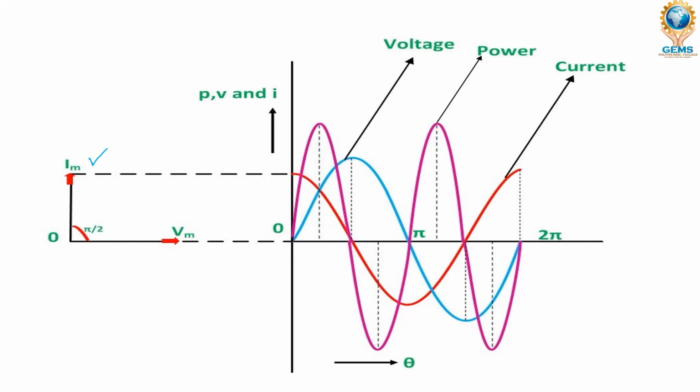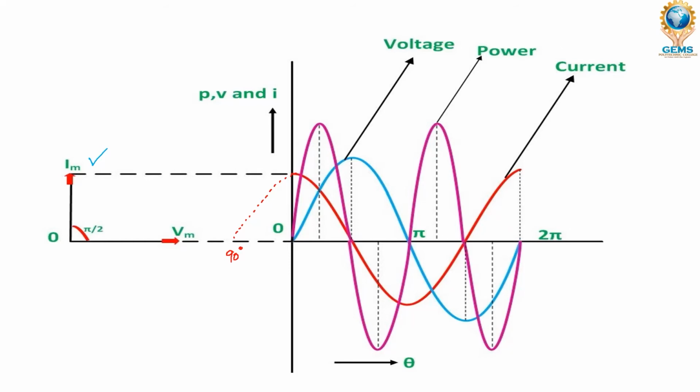This is the voltage waveform. It is starting here. Current is going to start somewhere here. So current is going to start 90 degrees earlier.